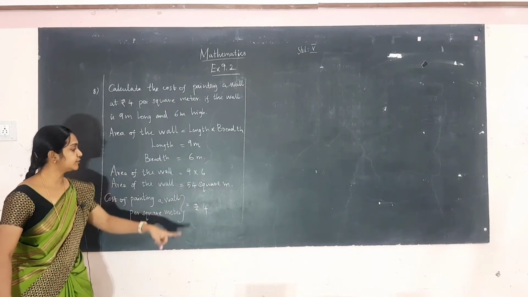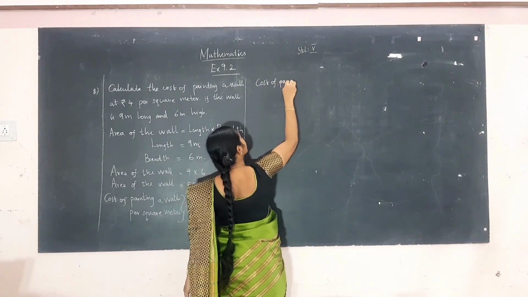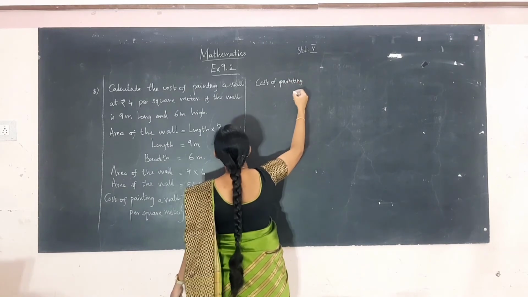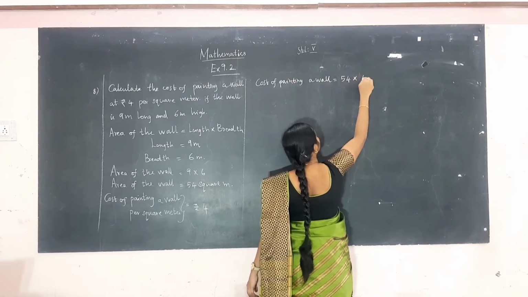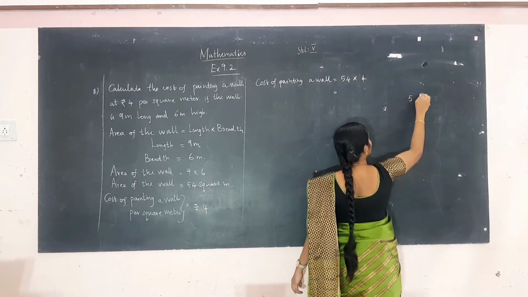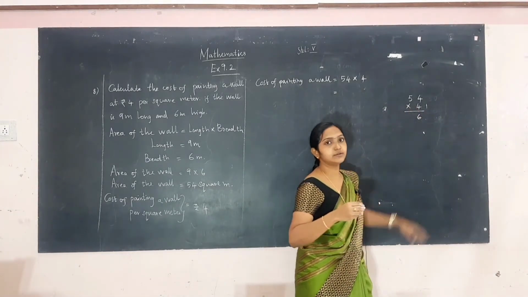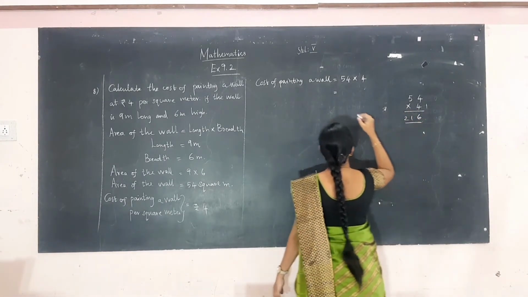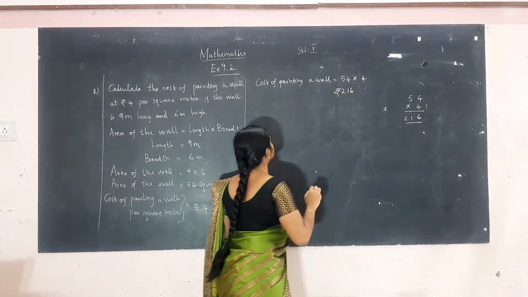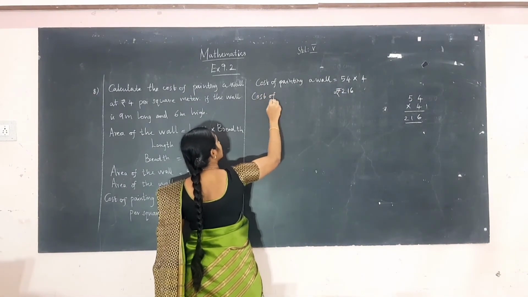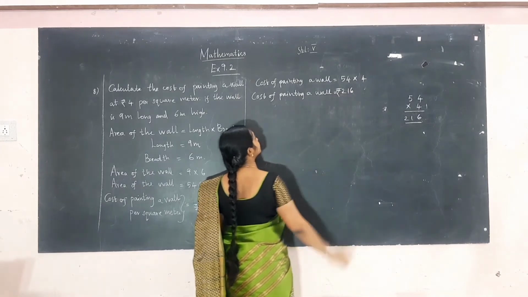So we have to multiply 54 and 4. 4 fours are 16, 1 is remaining. 5 fours are 20, 20 plus 1 is 21. 216 rupees. Cost of painting a wall is rupees 216.